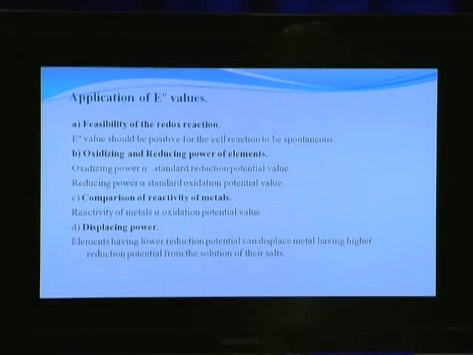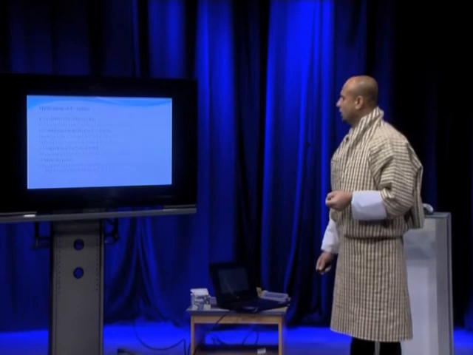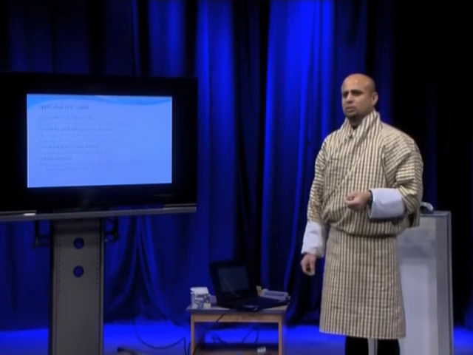Now let's look at the second application, that is the oxidizing and reducing power of elements. From the slide, as you can see here, the oxidizing power of an element is directly proportional to the standard reduction potential value, whereas the reducing power is directly proportional to the standard oxidation potential value.